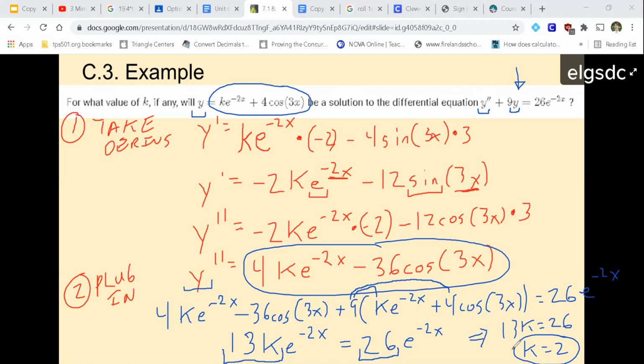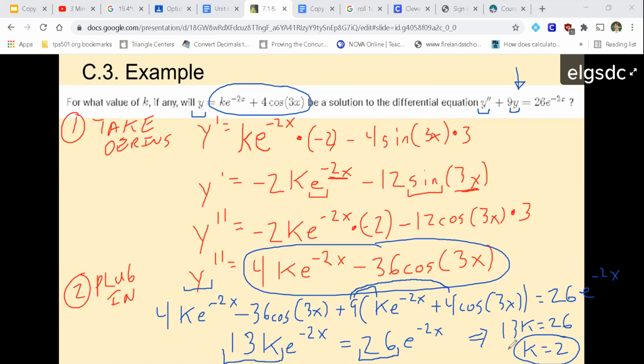And again, it seems like it's really complicated, all the stuff that we're writing, but mostly this stuff is just taking up space, right? The derivatives here are just a chain rule of doing e times the derivative of its power. And the derivatives over here is just doing your trig function times the derivative of the inside. And once you've plugged in and start combining like terms, you'll see that stuff will cancel out.